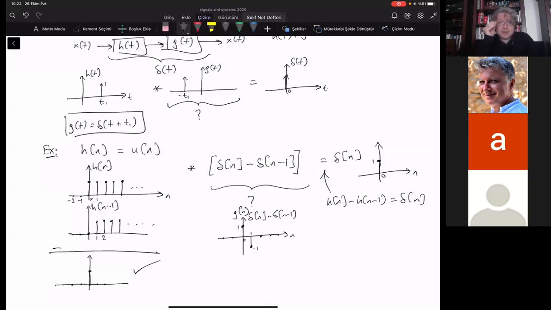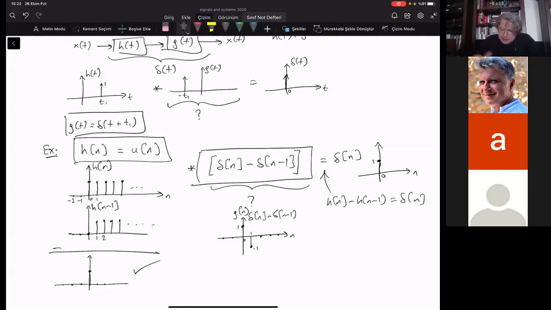So I found the inverse. And by the way, this thing and this thing, they are inverse system impulse responses of one another, and they are both linear and time invariant. The first one is unstable. h of n is equal to u of n. g of n is equal to delta n minus delta n minus 1 is not unstable. It is stable.